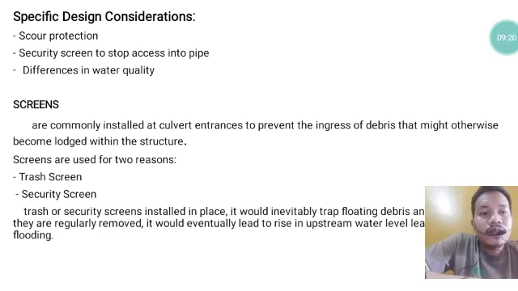Next is screen. Commonly installed at culvert entrance to prevent an ingress of debris that might otherwise become lodged within the structure. So you have to put a screen on a culvert to prevent floating debris or other rubbish or whatever.